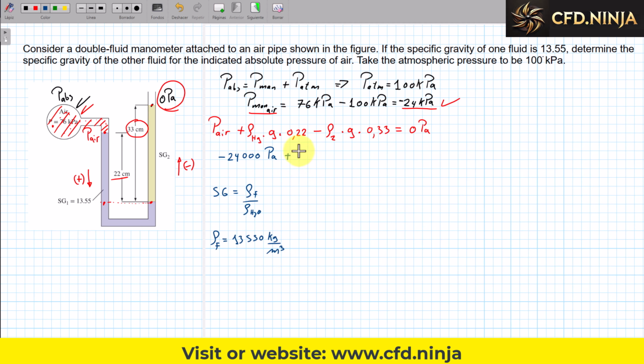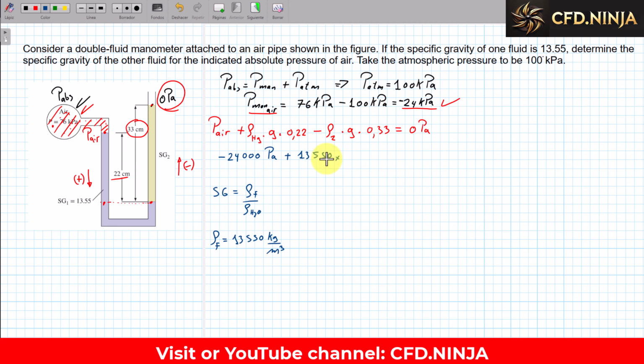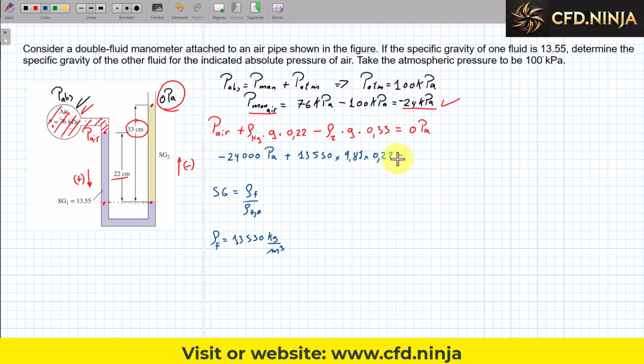We replace here the density of mercury, 13,550, multiplied by g, the gravity 9.81, multiplied by 0.22. This minus sign would go to the other side as a sum. Let's put equal. Here it would be the density of that second liquid that I don't know multiplied by 9.81 multiplied by 0.33. Ready.